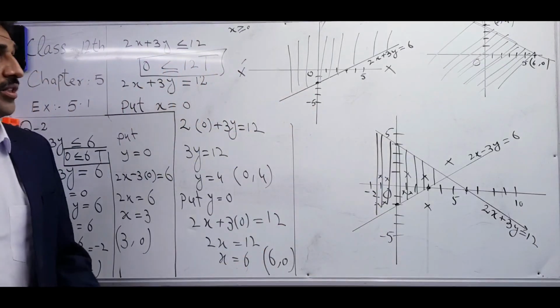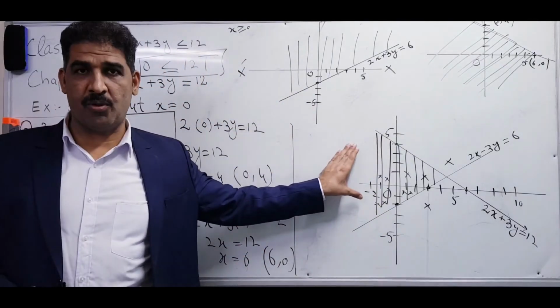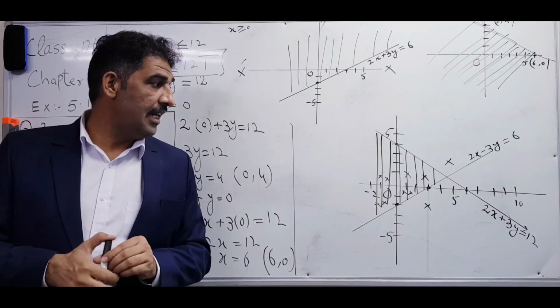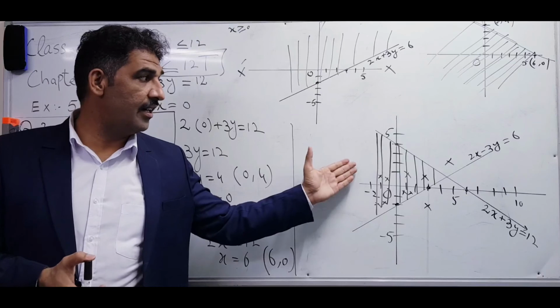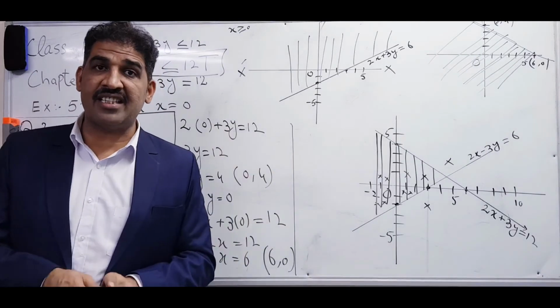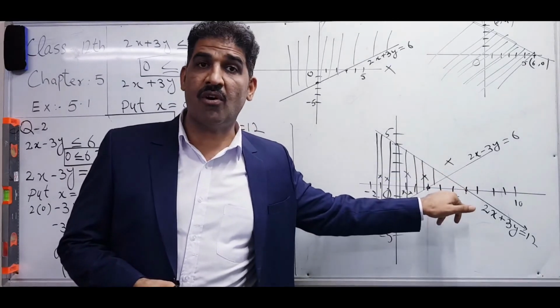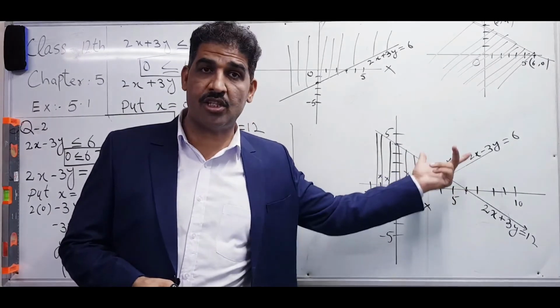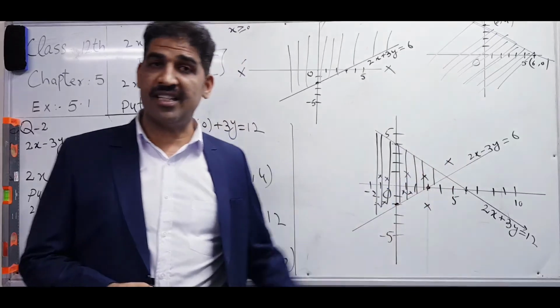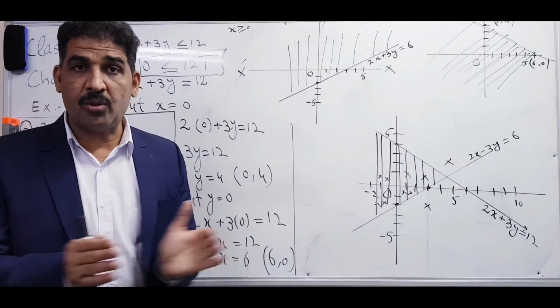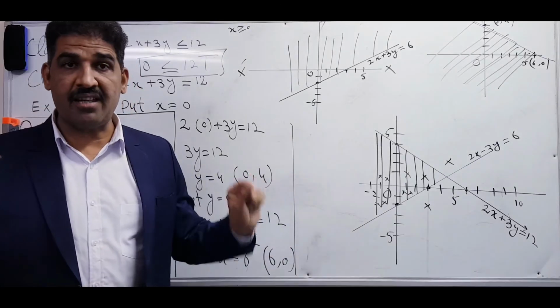That is our solution. This combined portion is our solution set, and in such a way we will draw. That's why I said you must write the name of the inequality or equation, because here there are two equations and the teacher forgot which is which. Then this portion, shaded by both combined, is the main concept.